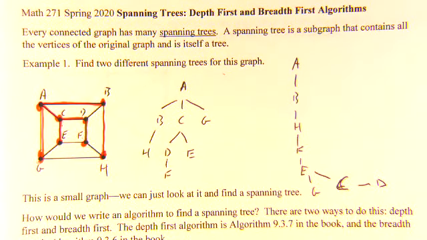Every vertex is listed. Every vertex is in the spanning tree, and there are no circuits or anything. So that's a spanning tree.